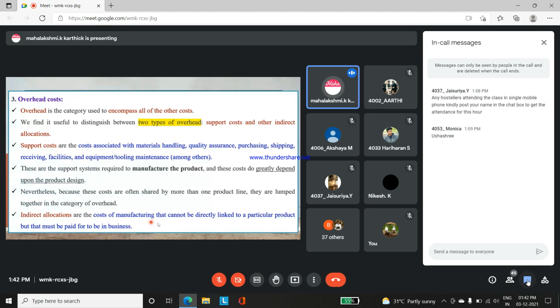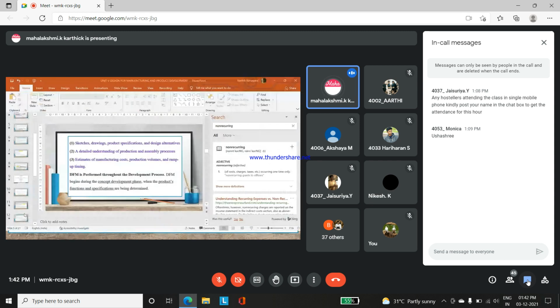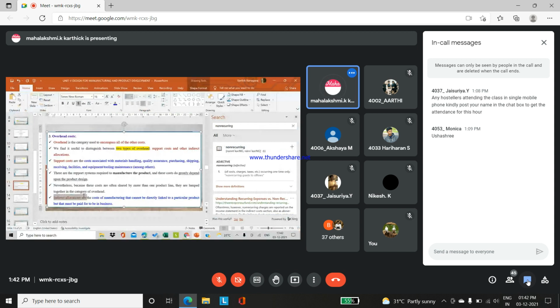So this is a cost of manufacturing that cannot be directly linked. Some may seem unrelated to the company, but for a time period they will spend money to allocate some members to work on a particular product. But they must be paid to be in the business. So I have already shown you the example of indirect allowance.